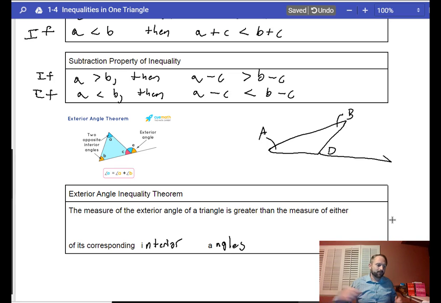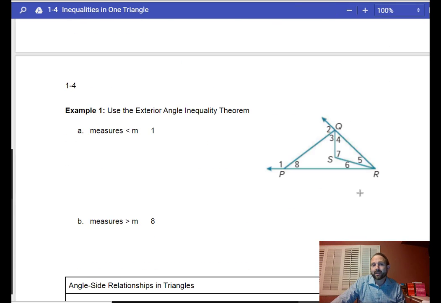All right, let's do an example. I think it's actually our first example, example 1. Use the exterior angle inequality theorem to find the measures that are smaller than the measure of angle 1. We don't know if it's going to be bigger than the measure of angle 8, because technically we could draw this inaccurately.